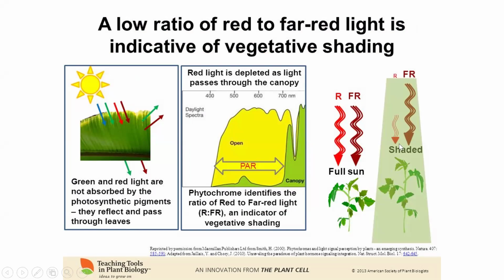When we have shading, there's still a lot of far red light being perceived, but the red light concentration is lower. That actually causes the plant to stretch out, to become, we call it, more etiolated. So the low ratio of red to far red light is indicative of vegetative shading.